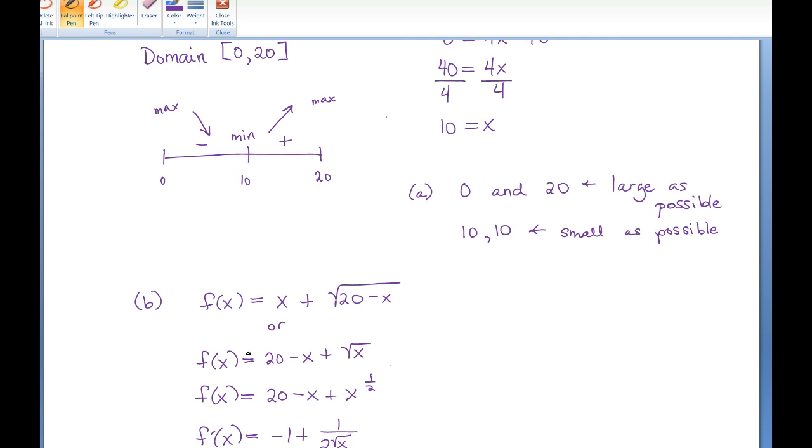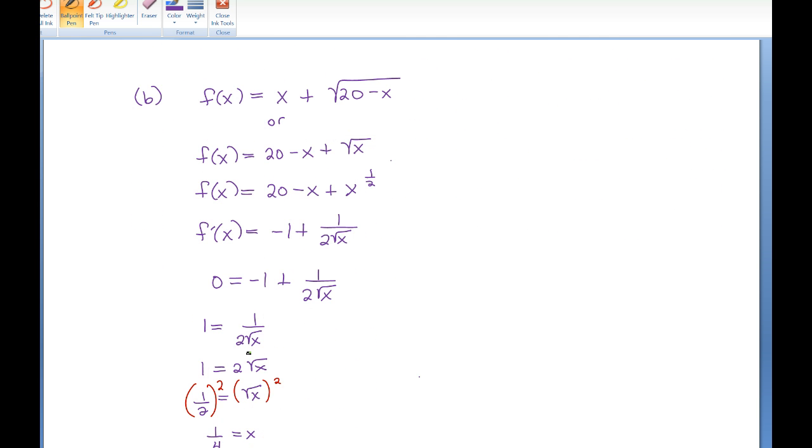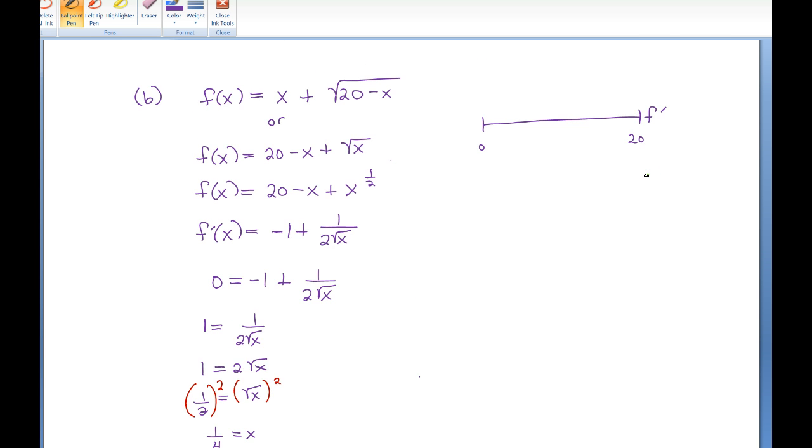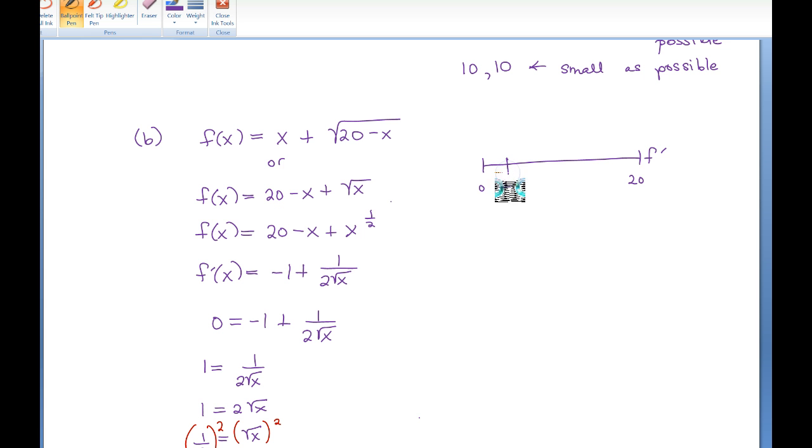So we are going to test our critical point. So now here's f prime. Again, we have 0 and 20, and we want to test 1/4.